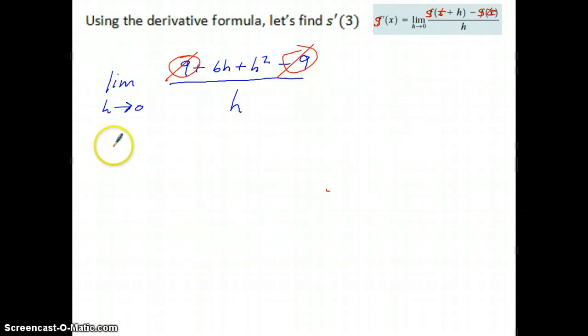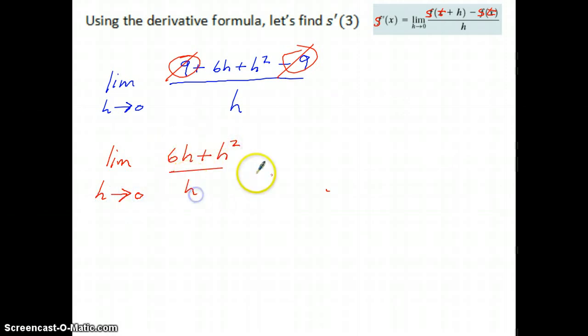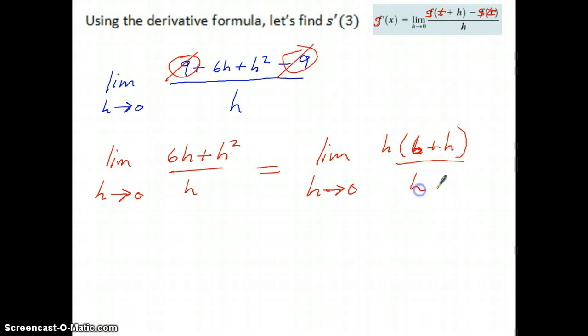Okay, so we have the limit as h goes to 0 of 6h plus h squared over h. And we can simplify that. We can factor out an h from the numerator, and that gives us h times 6 plus h, and we can cross off an h in the numerator and denominator, and we are left with the limit as h goes to 0 of 6 plus h.